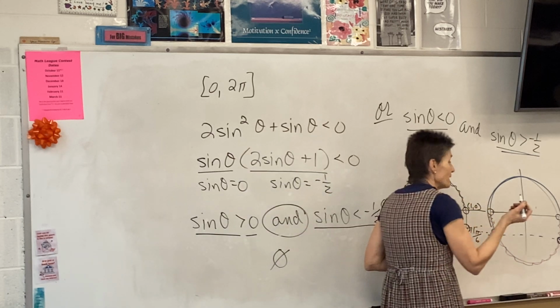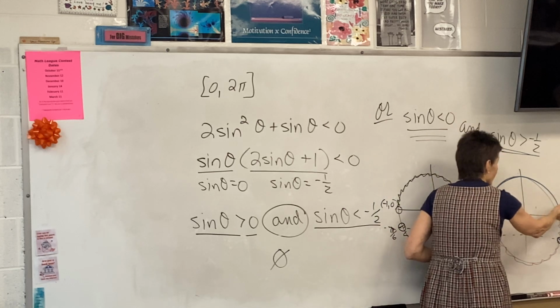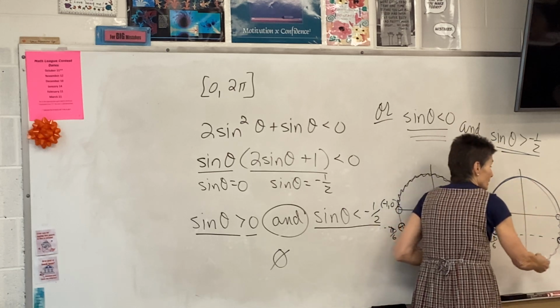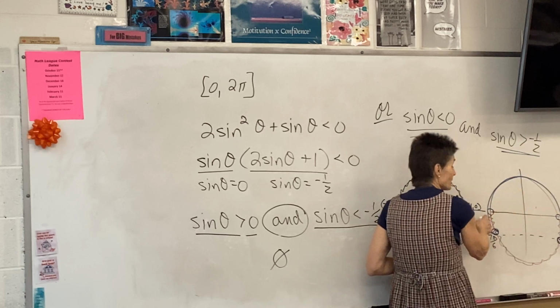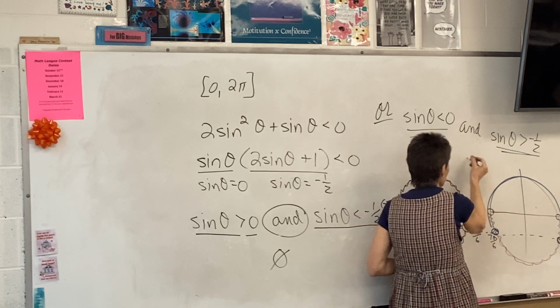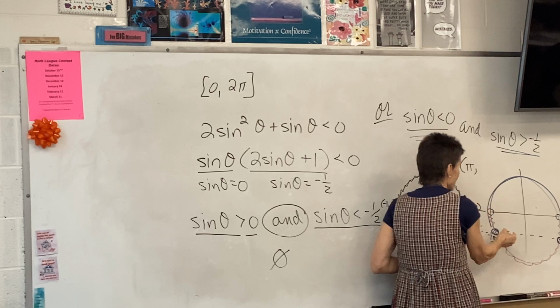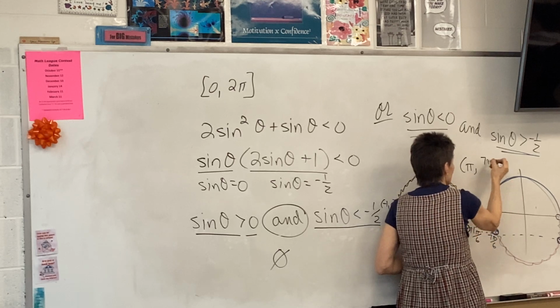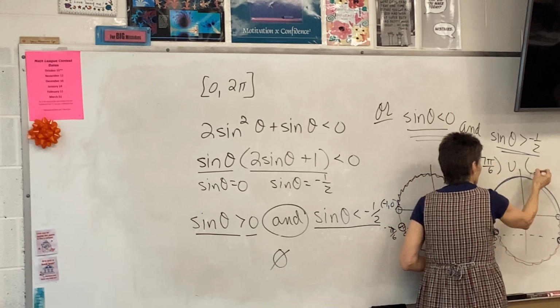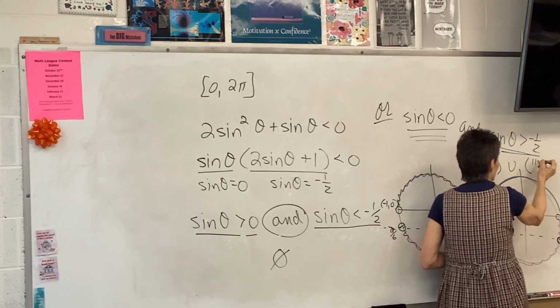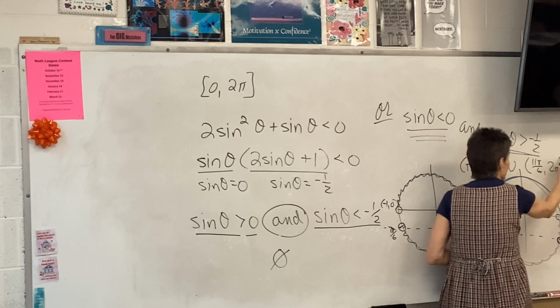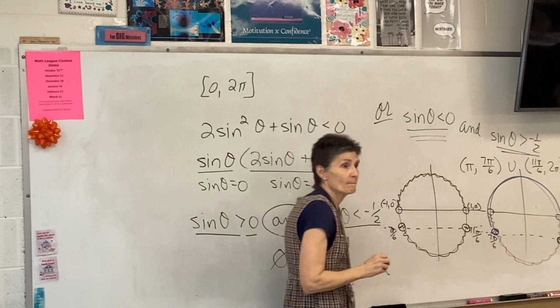Remember, when you write your answer, you start here and go this direction. Okay? So the first shading starts at pi and ends at 7 pi over 6. And the next shading starts at 11 pi over 6 and ends at 2 pi.